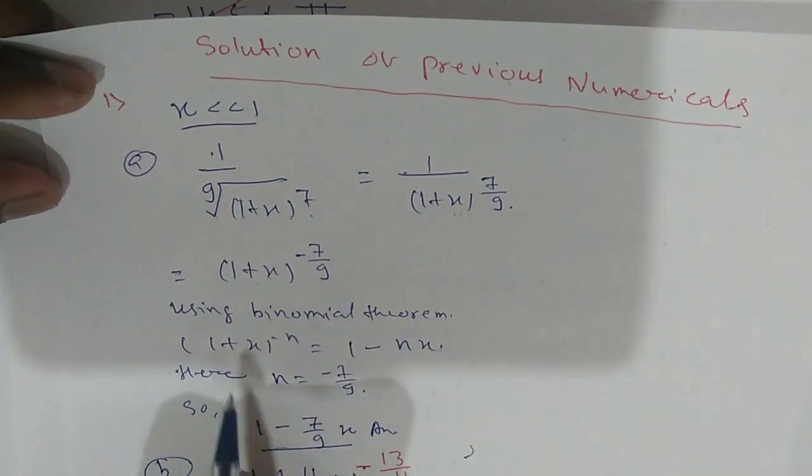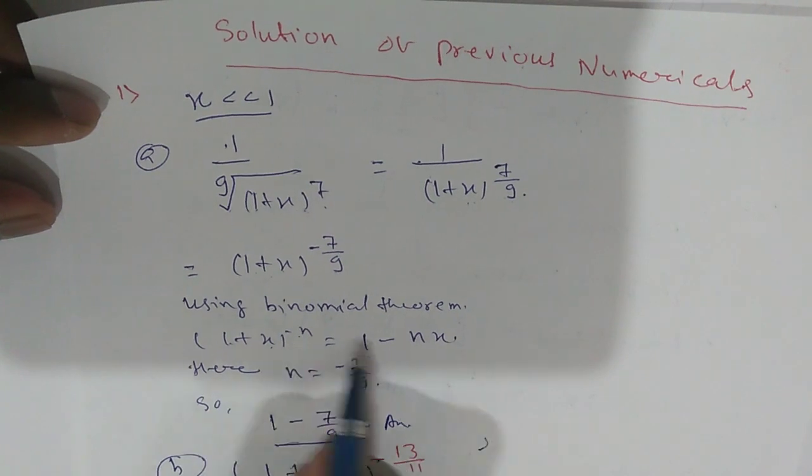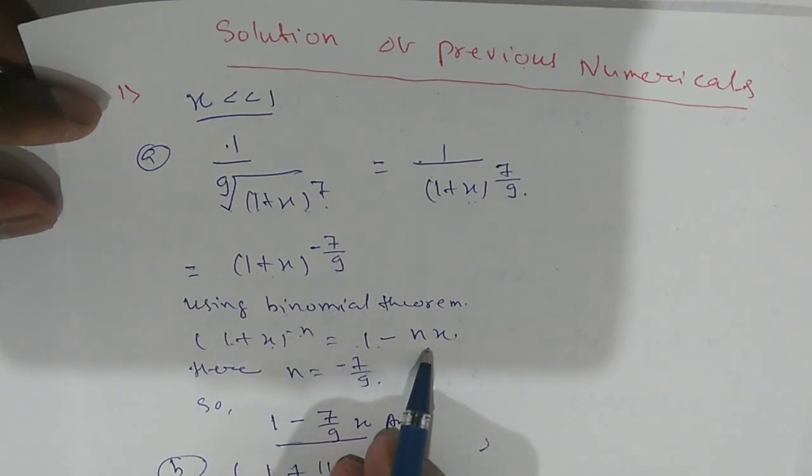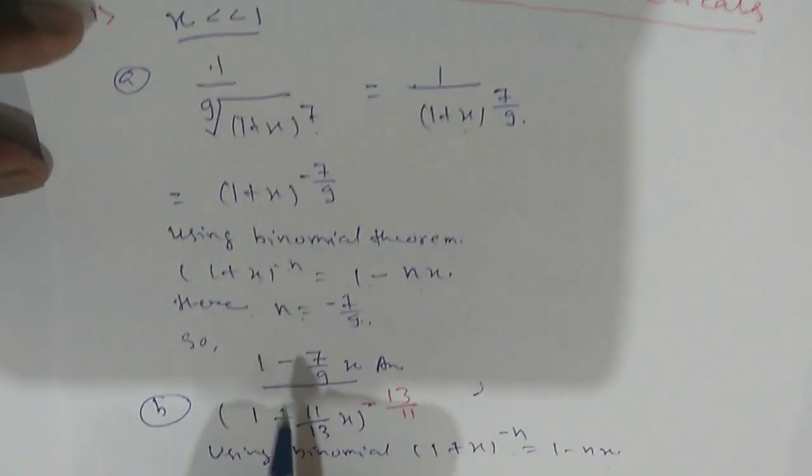Using the binomial theorem, 1 plus x raised to the power minus n is equal to 1 minus nx. Here n is 7 upon 9, so we put it in, and 1 minus 7 upon 9 x is our answer.